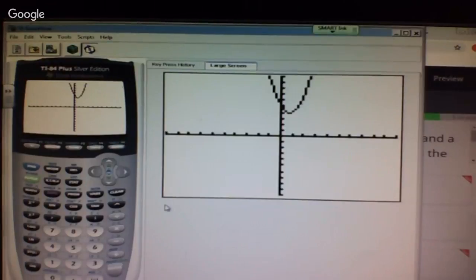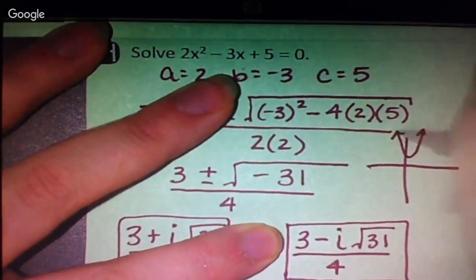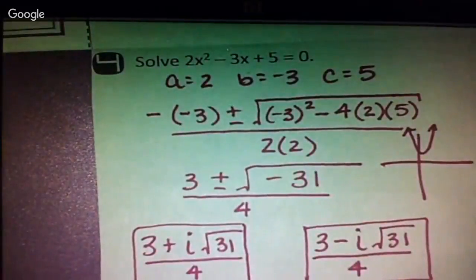So, do you see when you graph this one? It doesn't touch the x-axis. Okay, that's why you have no real solutions. So your graph should look something like this. This is going to glue in on page 55. You can glue it in sideways because it's not going to fit across.